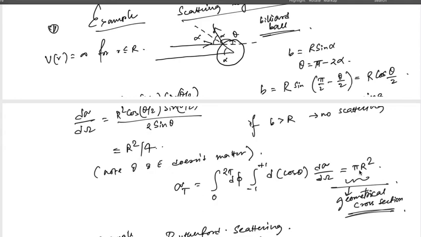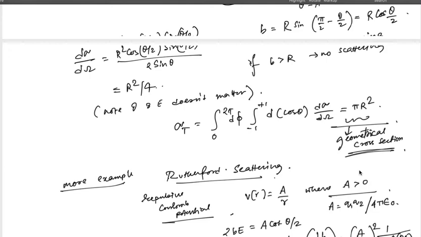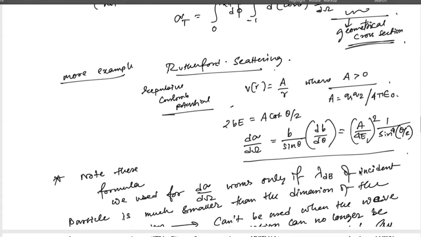If I come as an incident particle, the sphere will appear as a circle to me, right? From far away, from the point of view of the probe particle, the circle will have an area of pi R squared, and that is indeed what we got from this machinery. So this description matches with our intuitive pictorial description of a cross section.